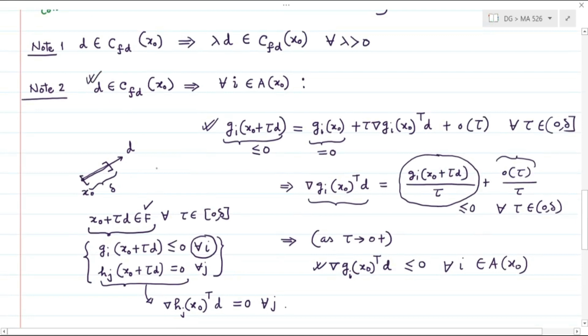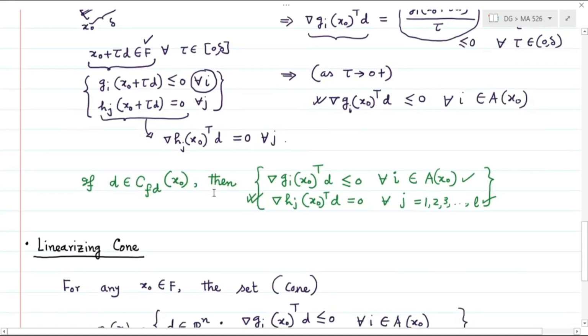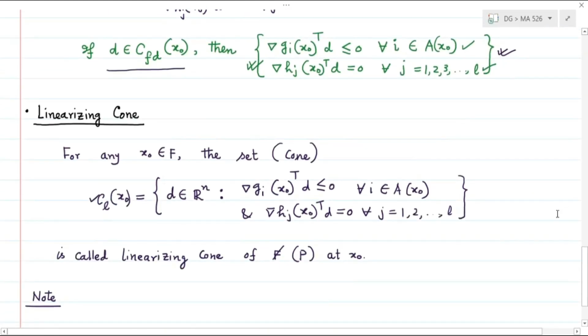And ultimately what I am going to get is that if d is inside the cone of feasible directions, then in that case we have this system of equalities and inequalities true, and this system of equalities and inequalities in fact comes in the definition of the linearizing cone. And therefore you take any direction d in CFD, the cone of feasible directions, that must be a subset of the linearizing cone at the point x0.